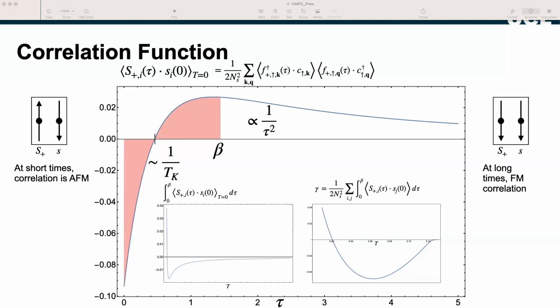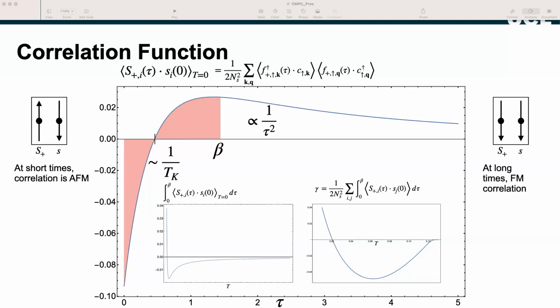And other questions? Let me ask one more question then. Does your treatment describe the single impurity underscreened Kondo effect? One of the properties of the single impurity underscreened Kondo effect is that you get a residual ferromagnetic interaction between the electrons and the moment, which scales to zero logarithmically.